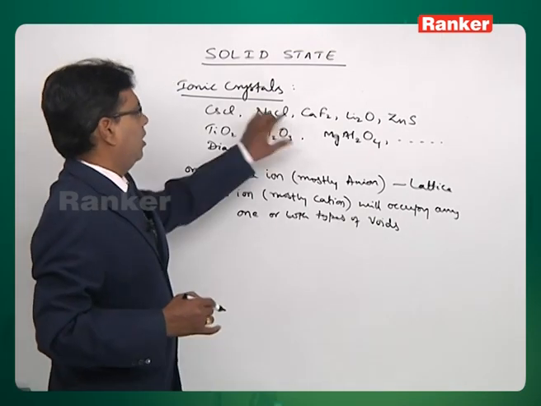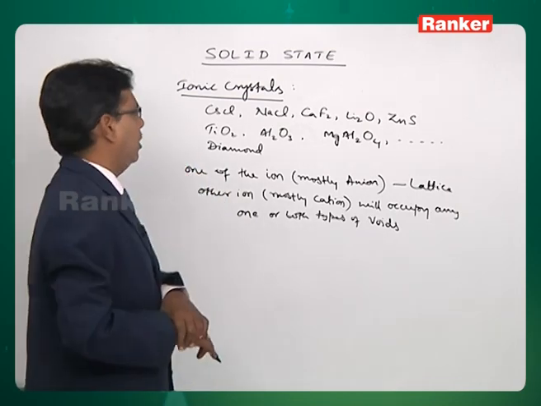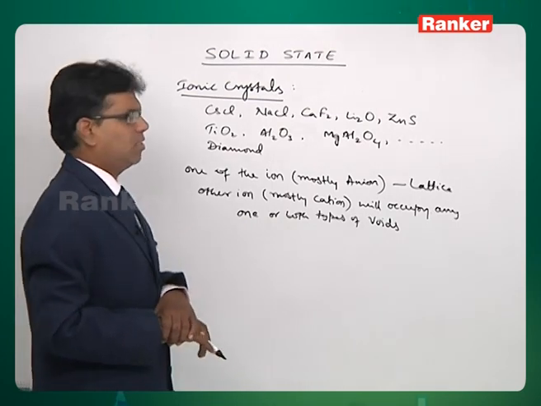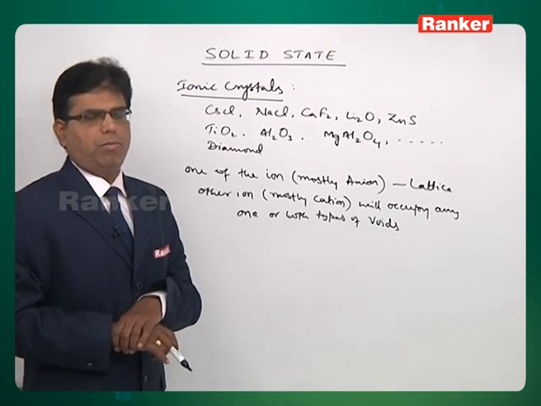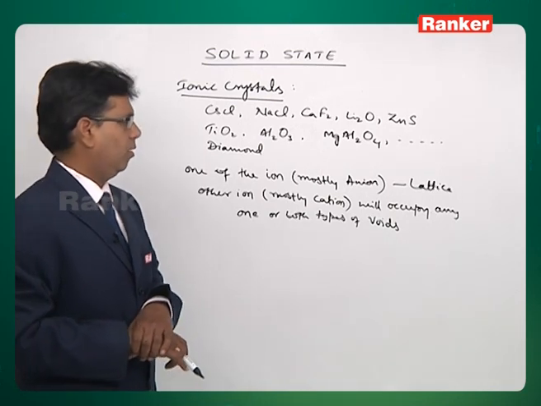So, for example, in NaCl, the anion chloride ion will form the lattice, sodium ions occupy the octahedral voids, and in the case of zinc sulphide, sulphide ion will form the lattice, zinc ions will occupy tetrahedral voids.